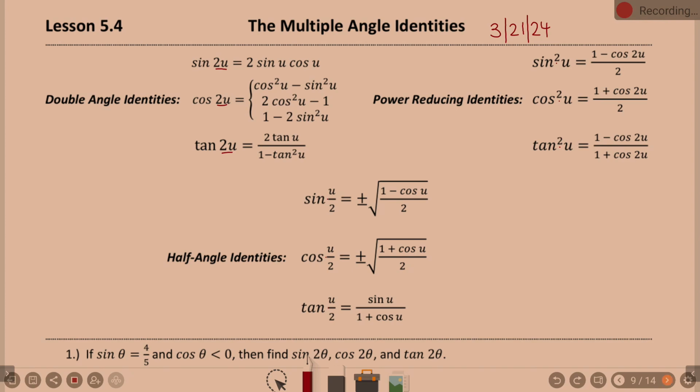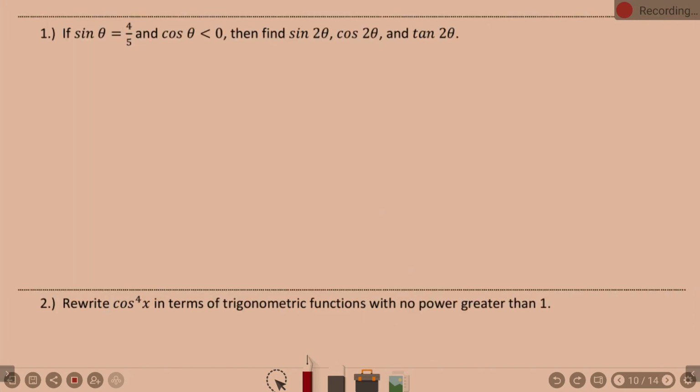Okay, let's look at example 1. If sine of theta is equal to 4/5 and cosine of theta is less than 0, this is a 3-part problem because we're being asked to find sine of 2 theta, cosine of 2 theta, and tangent of 2 theta. Well, in my brain it's obvious. Is it obvious to you guys? What are we going to be using to find sine, cosine, and tangent of 2 theta?